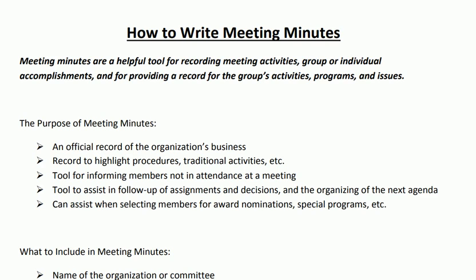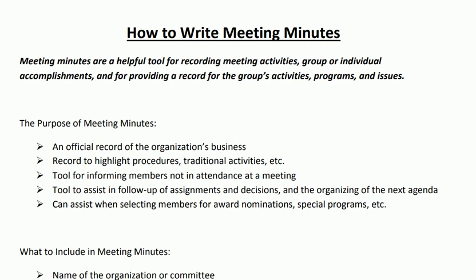Many organizations have the ability to record meeting minutes, so they properly have a record of their meetings. The main purpose of recording meeting minutes is to have an official record of the organization's business. They must know that at this meeting, on this date, these particular issues were highlighted and such and such agendas were passed.